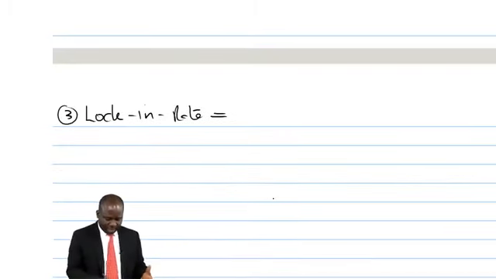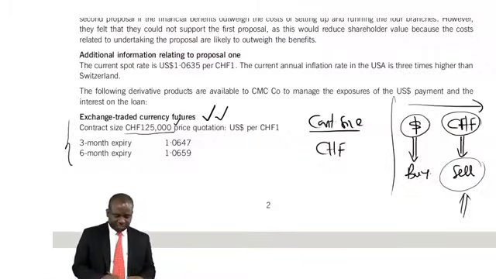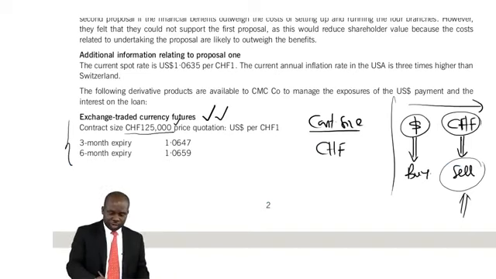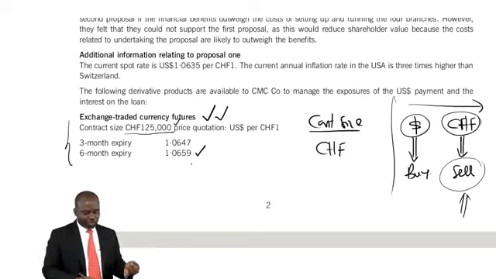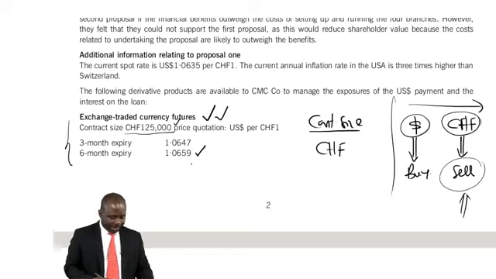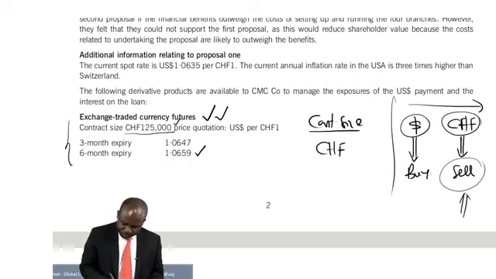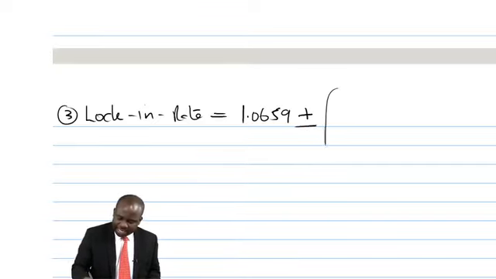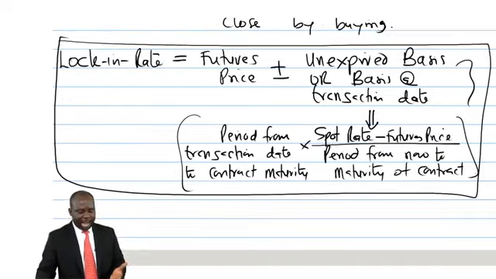I go to the question, where is the futures price? I pick the 6-month expiry, so the price I need is 1.0659. So I will say 1.0659 plus or minus.